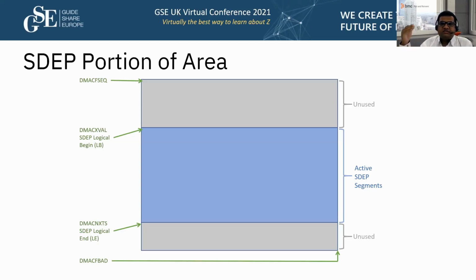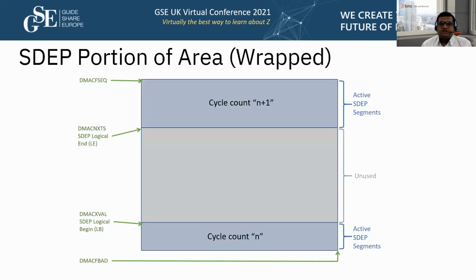As and when your S-step segments get inserted, your logical end will move further. After reaching the end of the area, it will start wrapping around, and your S-step segments will start getting inserted from the DMAC FSEQ, one after the other. So this is the condition of the wrap.